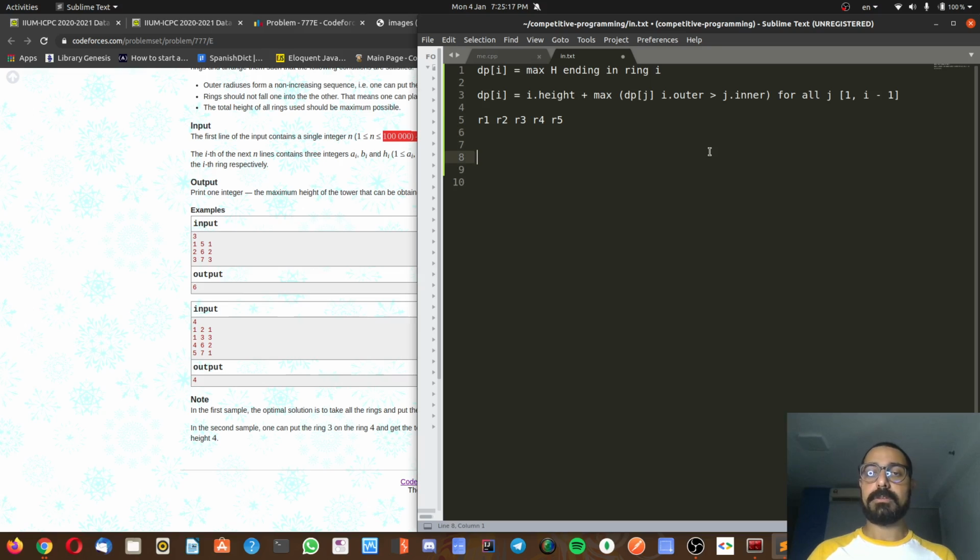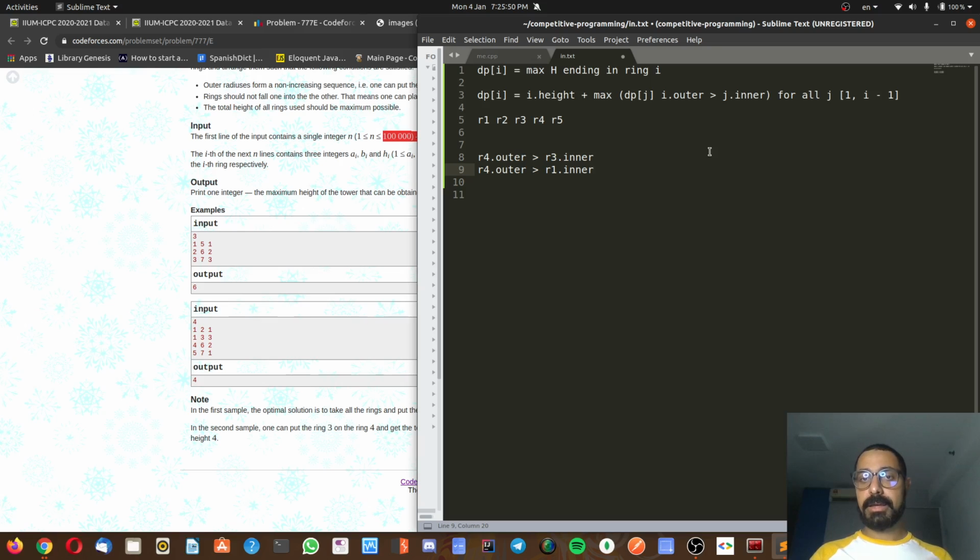So for ring 4 to be placed on top of ring 3 and ring 1, the condition will be that R4 outer should be greater than R3 inner, and R4 outer is greater than R1 inner.